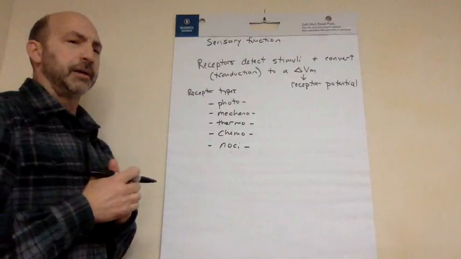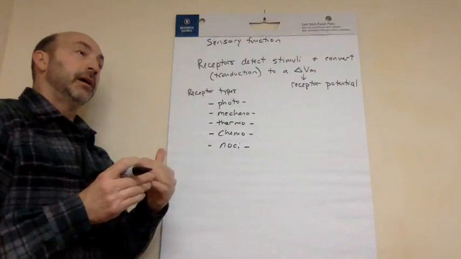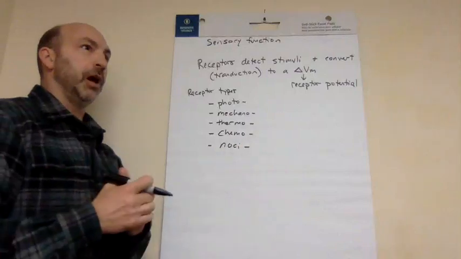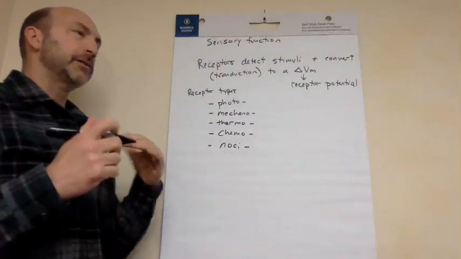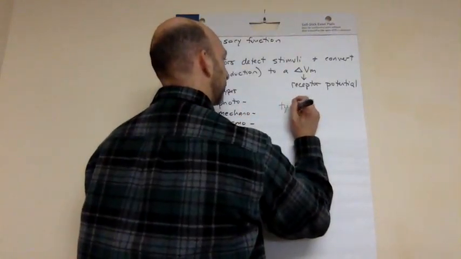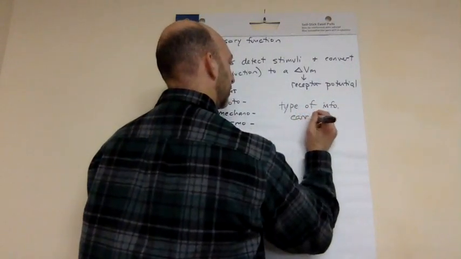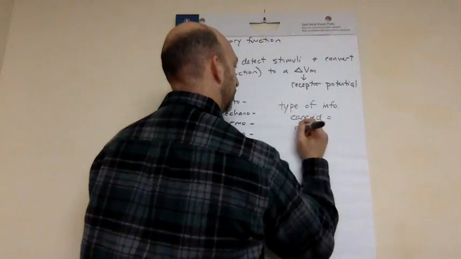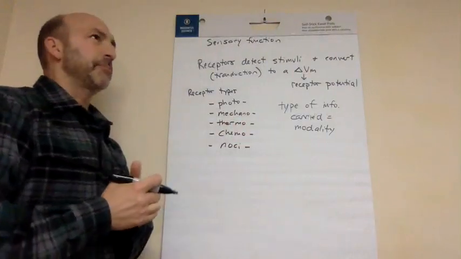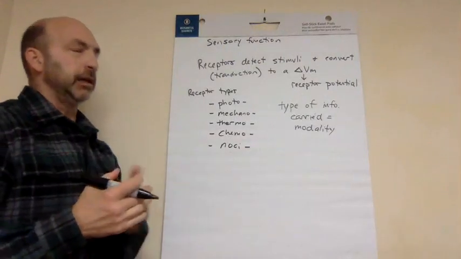Now, these receptors are going to detect, and again, if you reach the threshold, convey information of a single type, and that type of info carried is called its modality. Right? So each type of receptor receives information in a given modality.